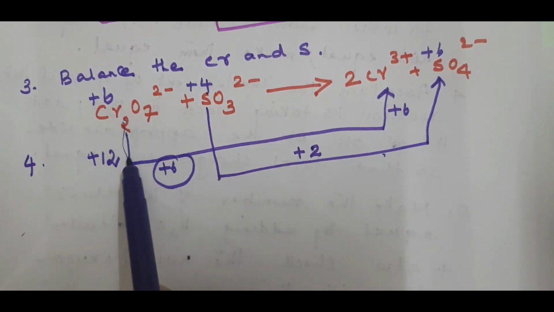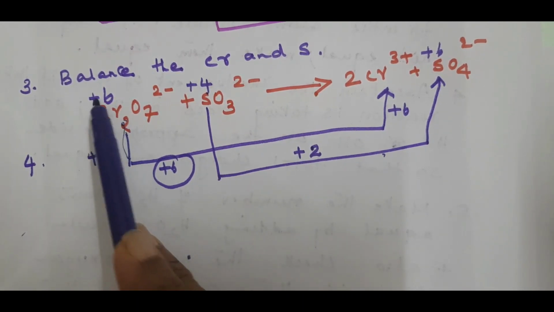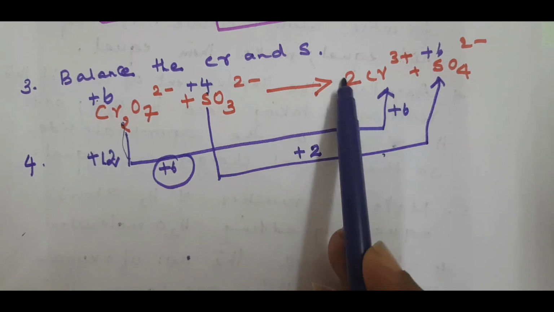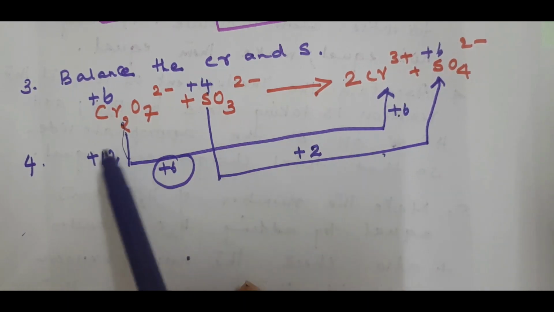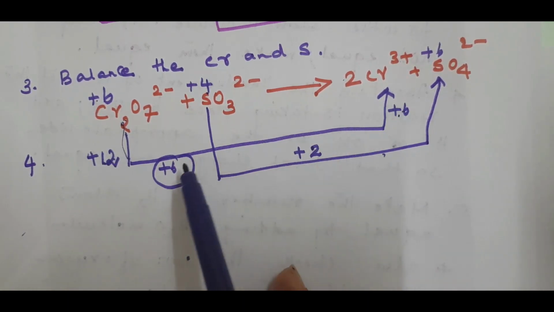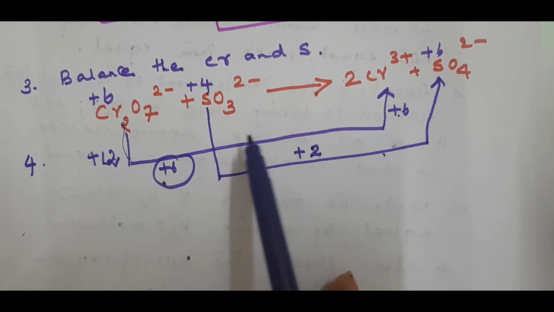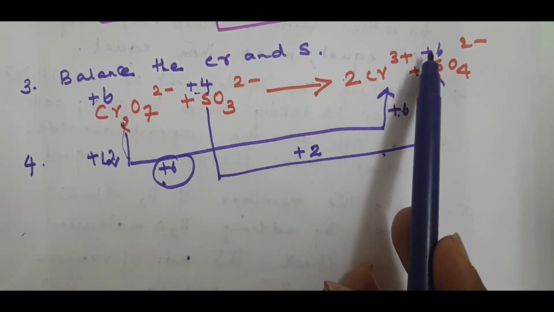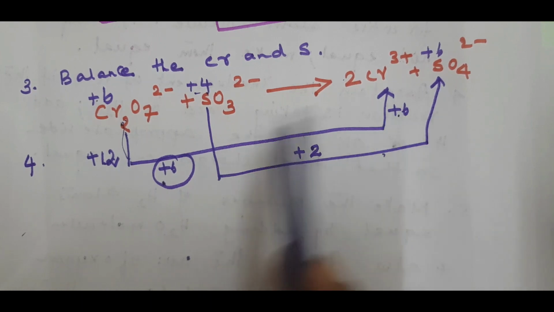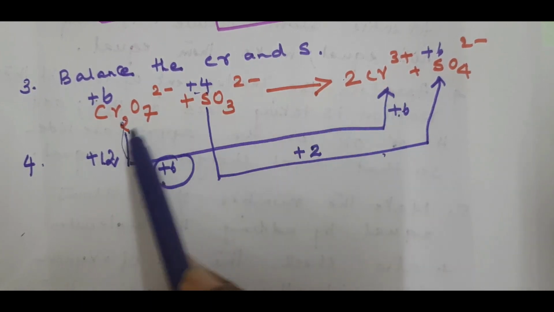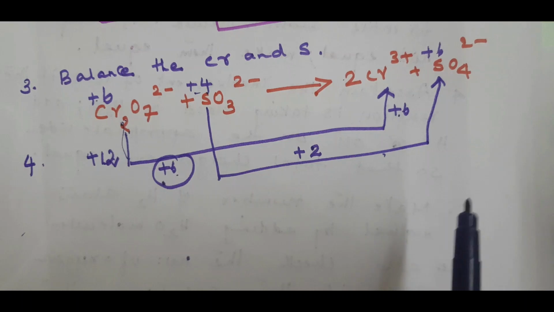So here the difference is plus 12, that is 2 into 6, and here it is only 6. So 12 minus 6 is 6. Here it is plus 4 and plus 6, so the difference is plus 2. This difference is plus 6 and that difference is plus 2.